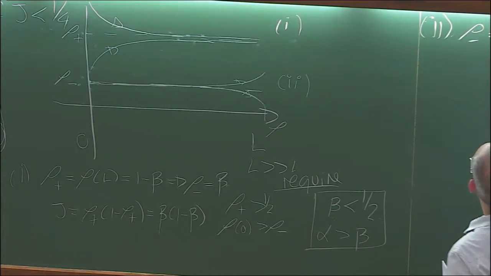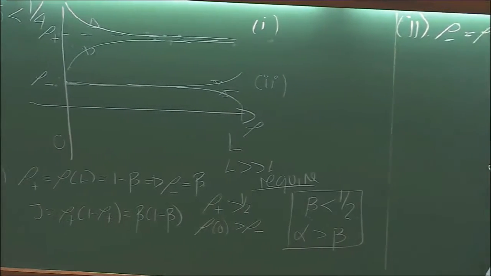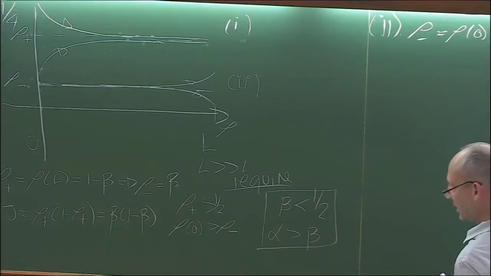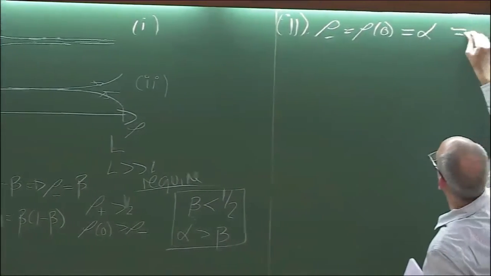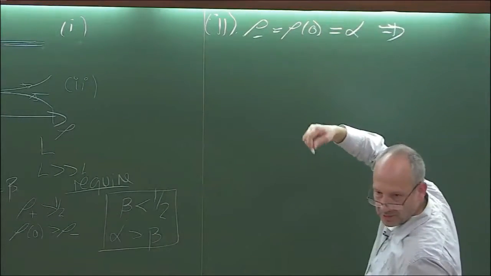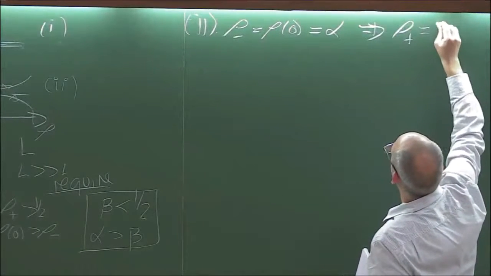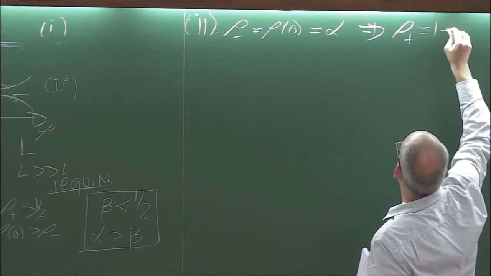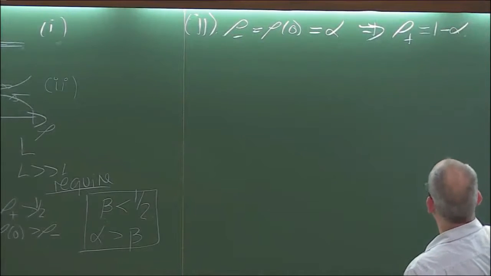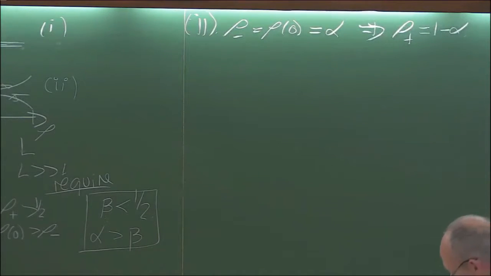Okay, and rho 0 by the boundary conditions is alpha. And then, because I know rho minus plus rho plus is 1, then rho plus is 1 minus alpha. Okay, so far so good.